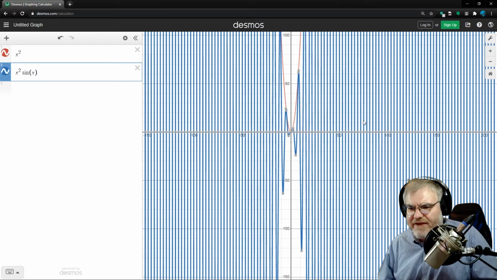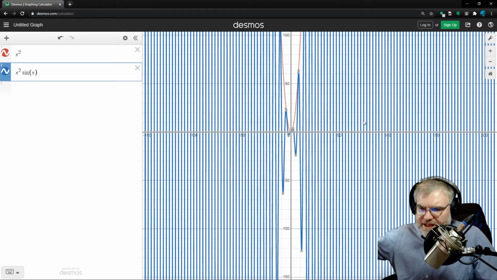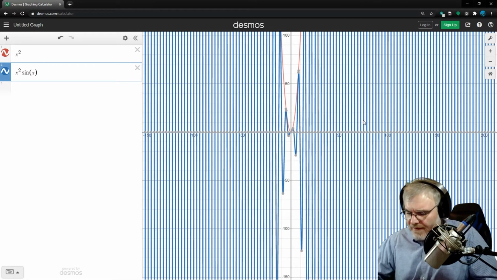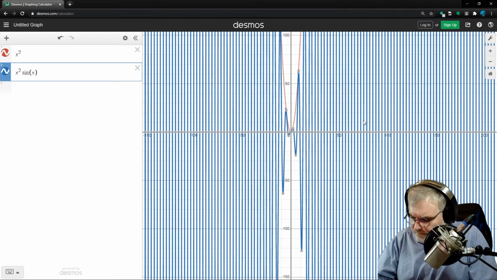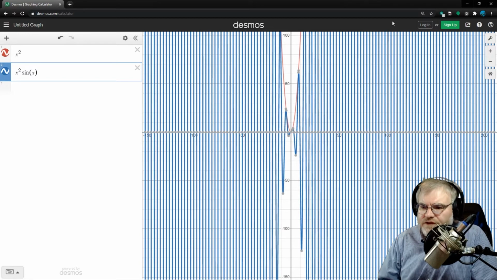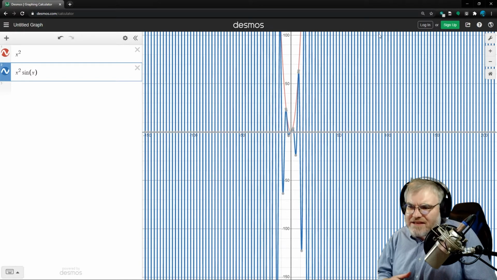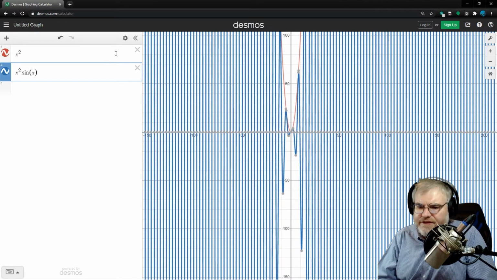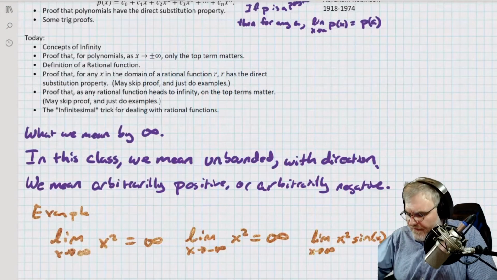This limit is not infinity because it keeps going around. There's this sense that because it oscillates between negative and positive infinity, and the same thing with tangent, we don't want these things to have an infinite limit.